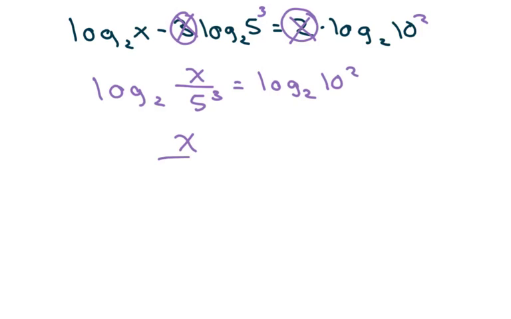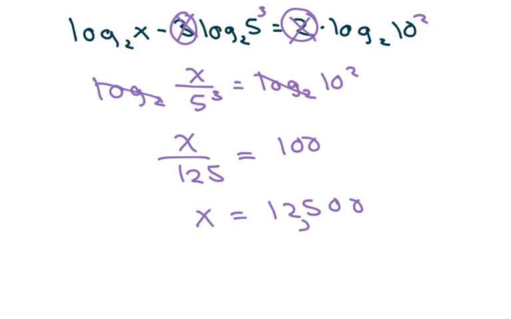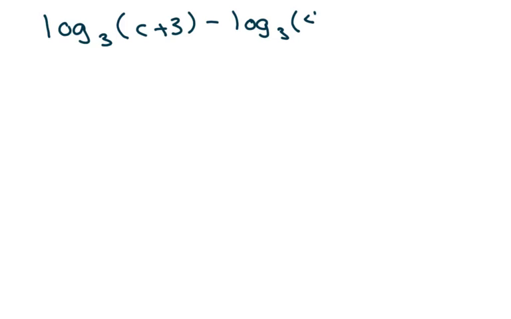So we get x over 125, because our bases are the same, equals 100. So x equals 12,500.